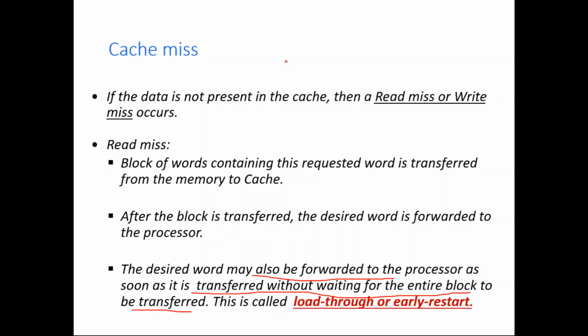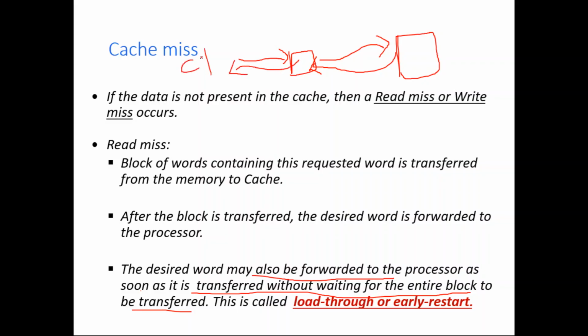So when the word you request is not available in the cache, the memory circuitry will fetch it from the main memory and keep it in the cache. From there that particular word will be given to the CPU. That is the first case.